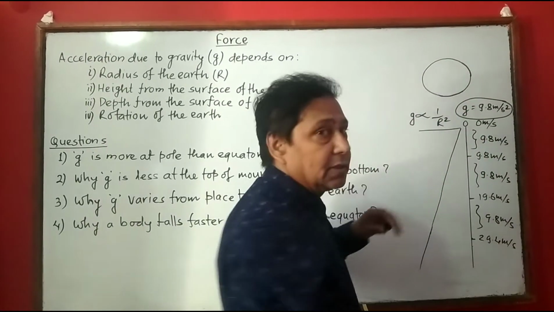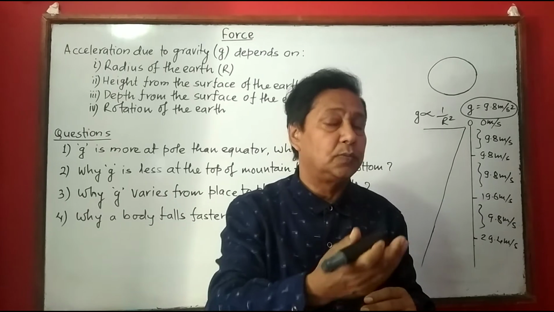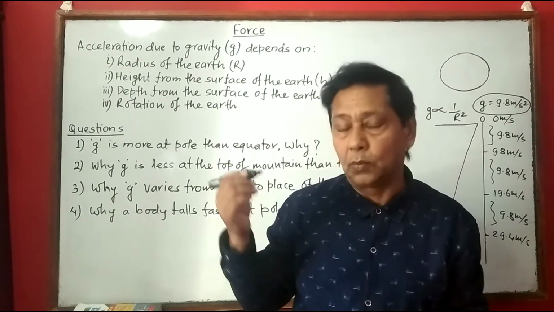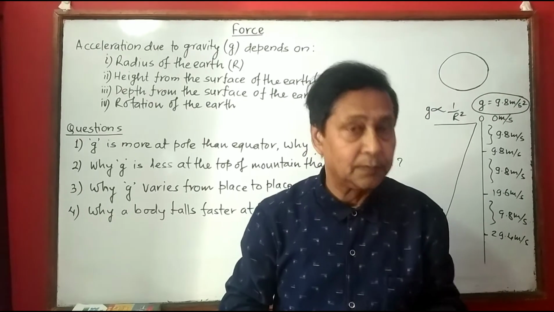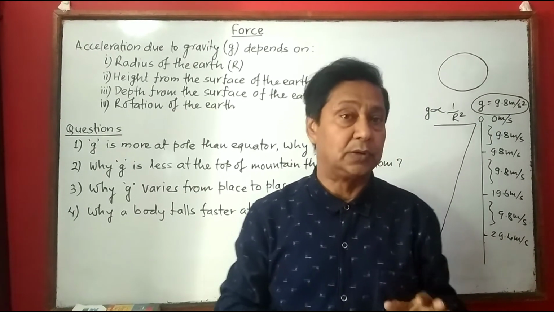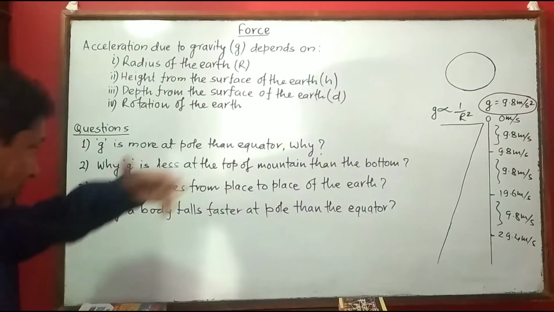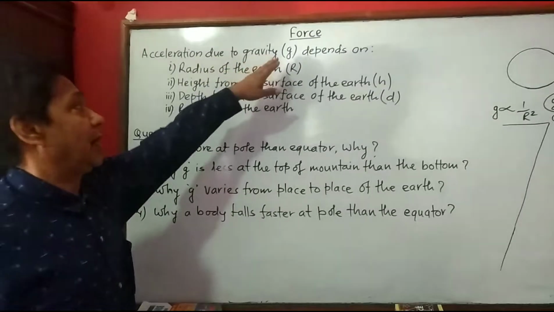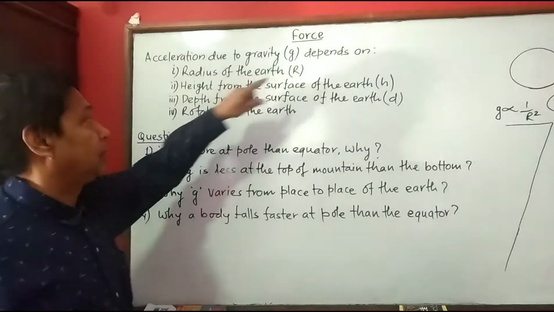Okay, after this much understanding, I want to bring you back to the major point which we focus on in this class: the factors which affect the acceleration due to gravity. Number 1, the radius of the earth.